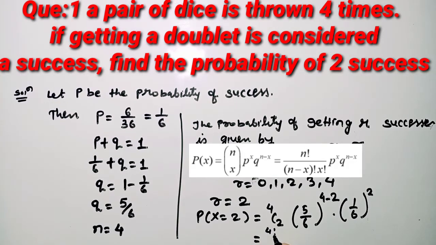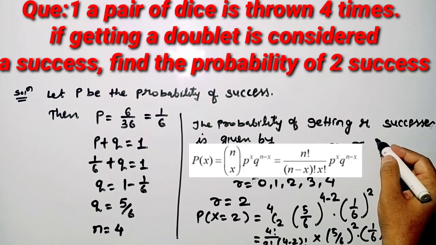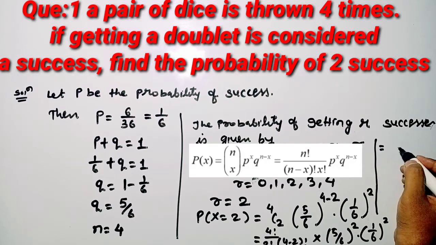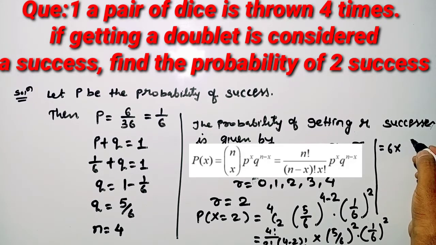4 factorial, right? And here is 2 factorial, and there is 4 minus 2 factorial, and 5 by 6 is to the power 2, 1 by 6 whole square. Okay, so by simplifying these factorial terms, we will get what? 6 into 5 by 6 whole square, 25 by 36, and 1 by 6 whole square, we will get what? 1 by 36.